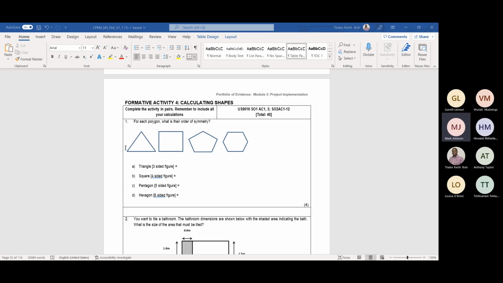But then it doesn't say the total. We must get the total surface area. So when we calculate the unshaded part and the shaded part, now we're looking for the total surface area instead of looking for the area that you must tile, which is the bathroom.